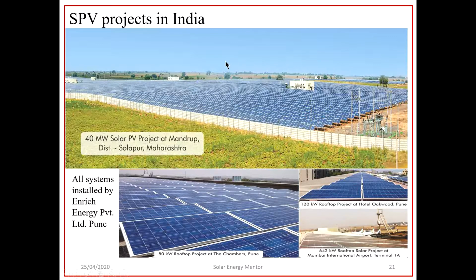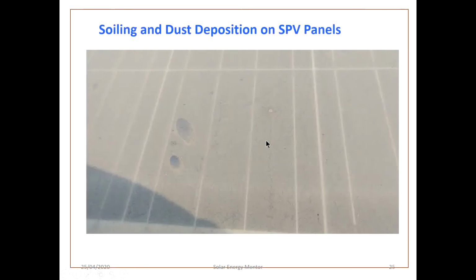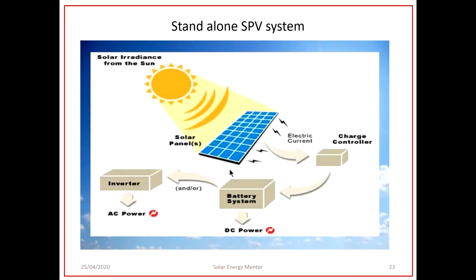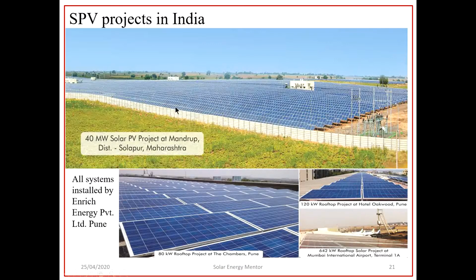From all sides the dust flows, and over a period of time the dust gets accumulated over the collector and the efficiency or output of the collector keeps decreasing. Now for such a huge area, what should be the cleaning mechanism? Should it be automated? Should it be robotic? Should it be manual? So an automatic cleaning solution is the scope.